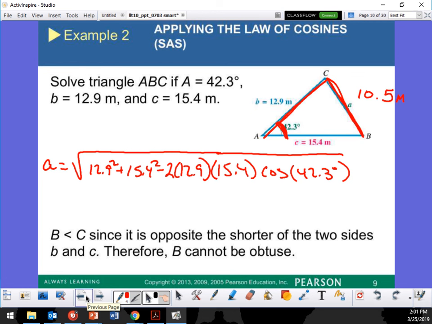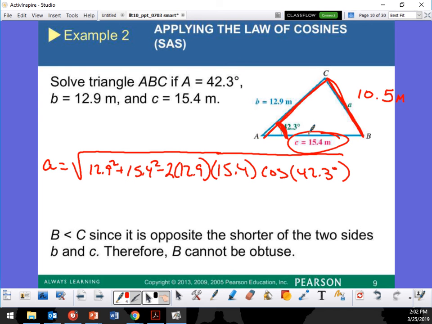C is the biggest side, so that means big C has to be the largest angle. So we're only going to get one triangle out of there.